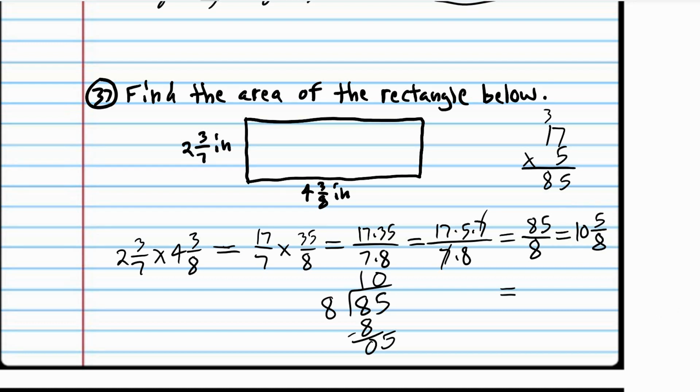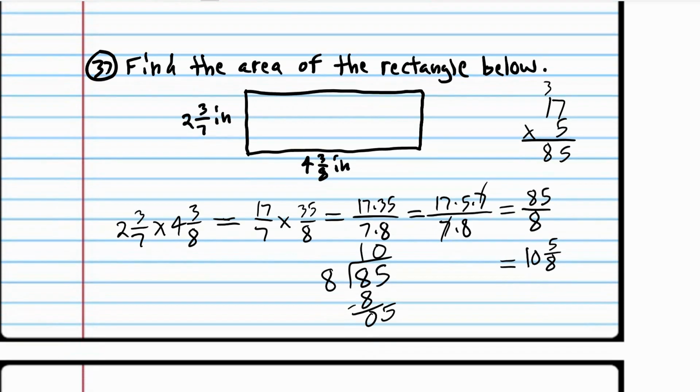But we can't just leave it like that. Because we're looking for the area of the rectangle. So it's in inches, right? Oh, I was going to put this number down here. I'm sorry. Probably confused you with that.